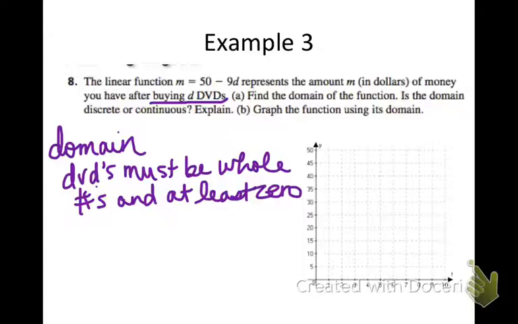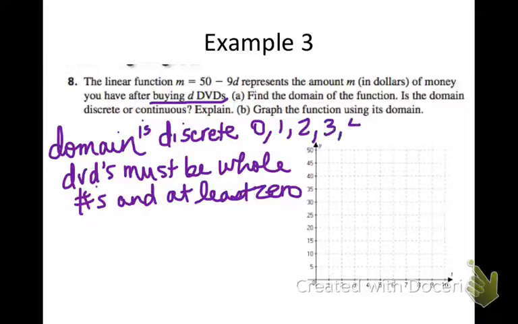So we can say that the domain is, well, definitely discrete. So let's say the domain is discrete and you could have 0, 1, 2, 3, 4, or 5.